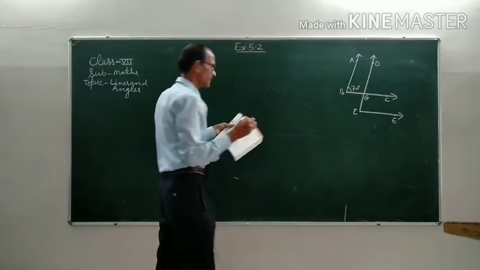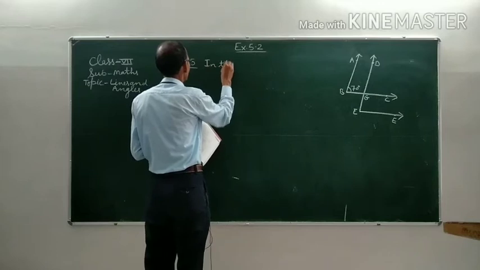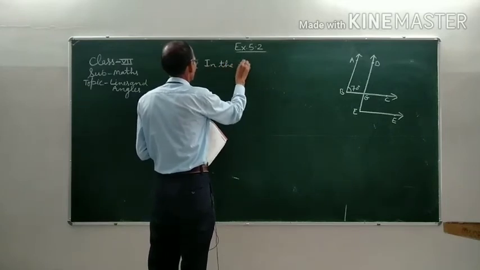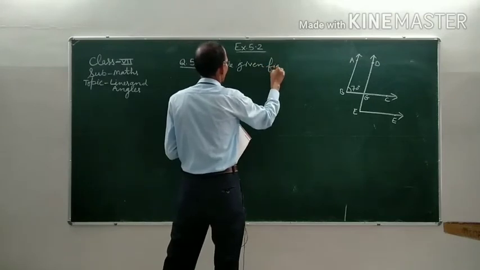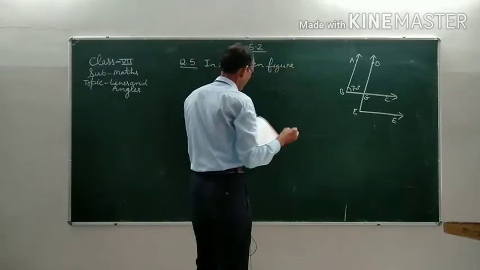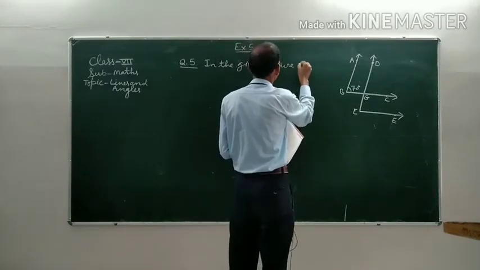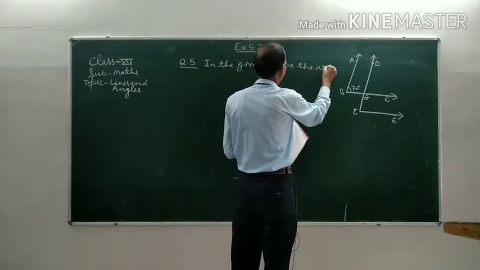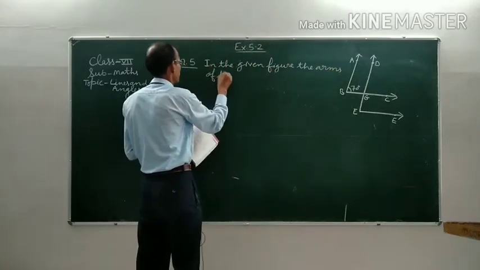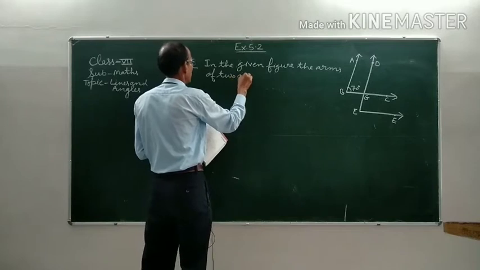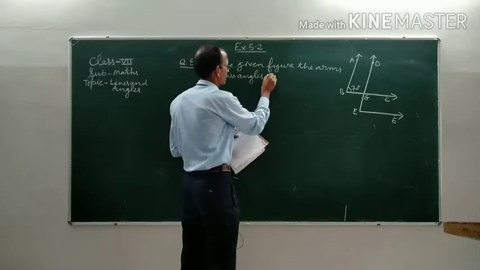The question is, in the given figure, the arms of two angles are parallel.